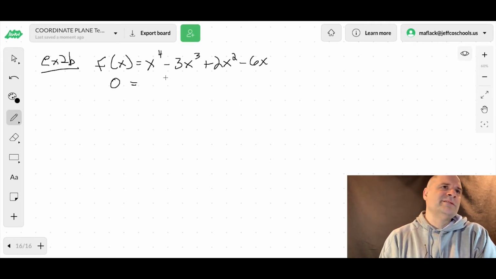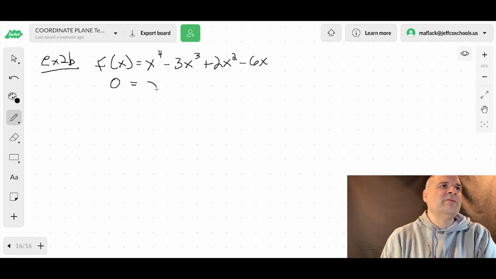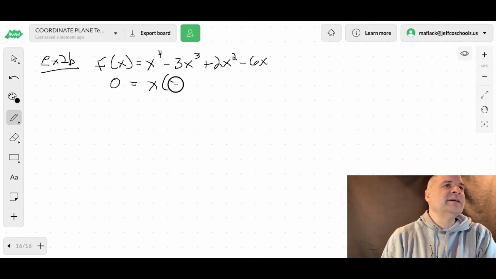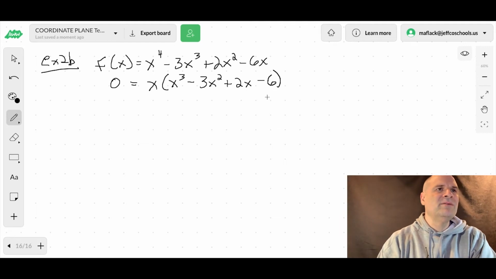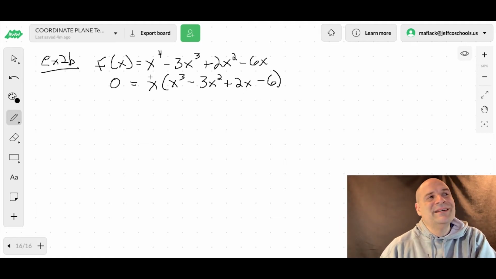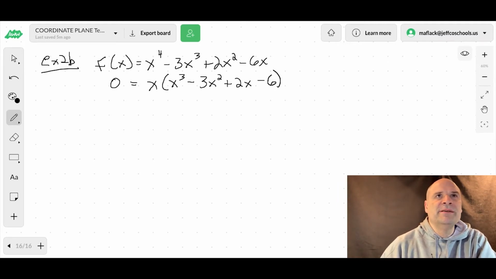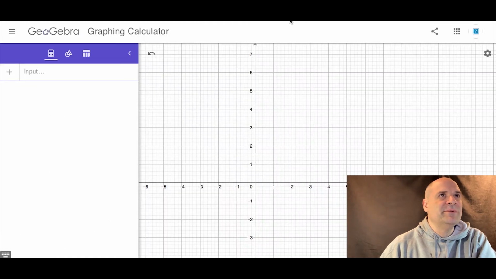The only factor I see that they have in common is the x factor. So x times x cubed minus 3x squared plus 2x minus 6. Okay. Now we're left with an x factor and a cubic factor. So this cubic factor is a little weird, but let's graph it and see what happens.